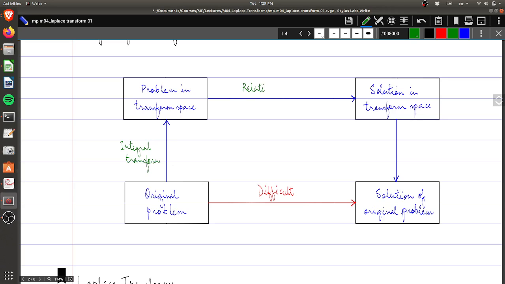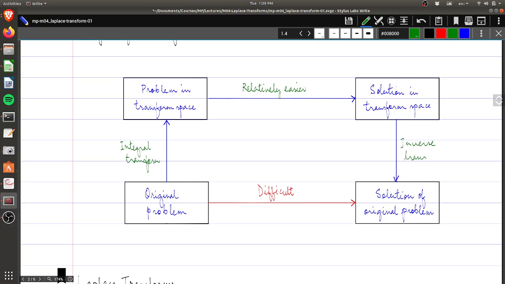So you can get the solution in the transform space with much lesser effort. And then once you get the solution in the transform space, because you have used an integral transform, how do you go back? You have to undo the process of the transformation. So what you do is you perform the inverse transform.